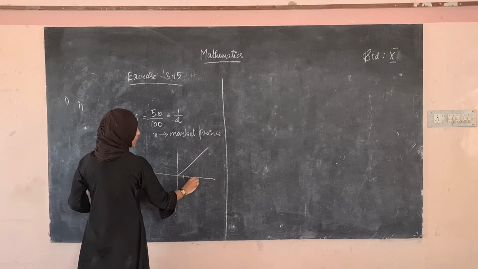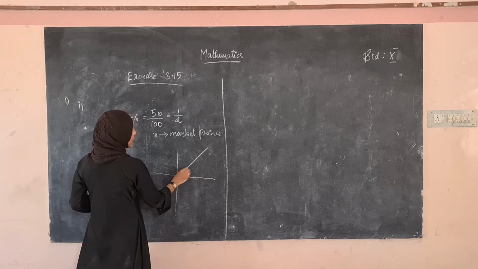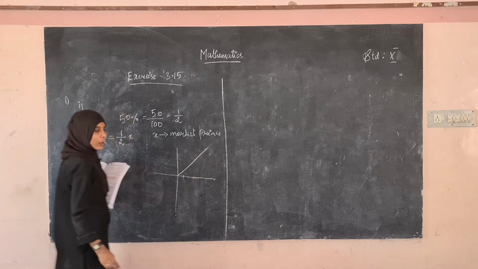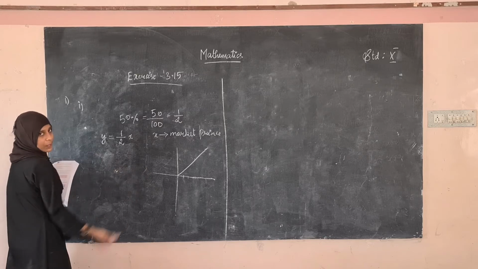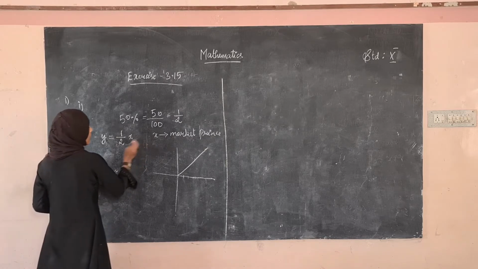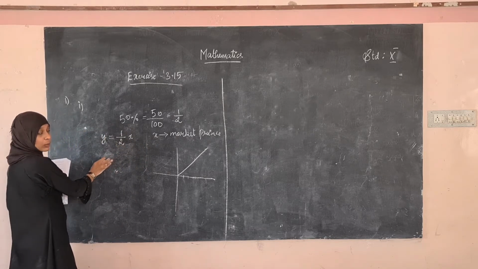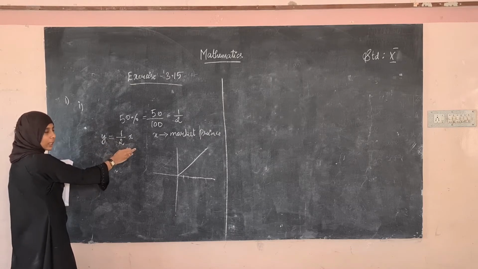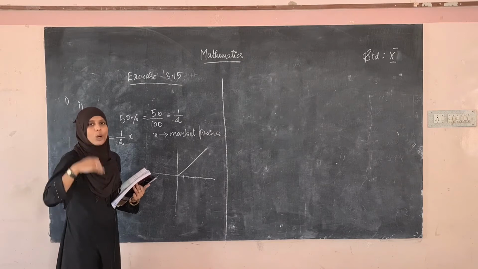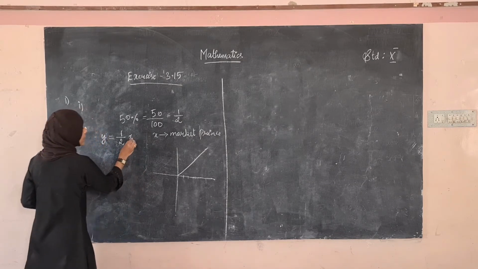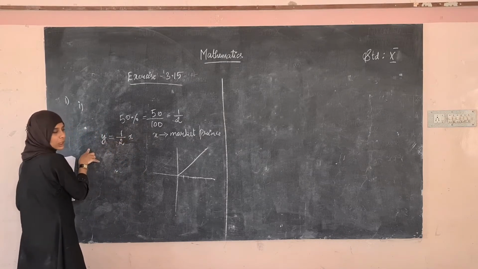If the market price increases, the discount price will also be increasing. So therefore the graph will be of direct variation. The equation of the graph is y is equal to k into x. For every price it is reduced to half, that is the discount price.